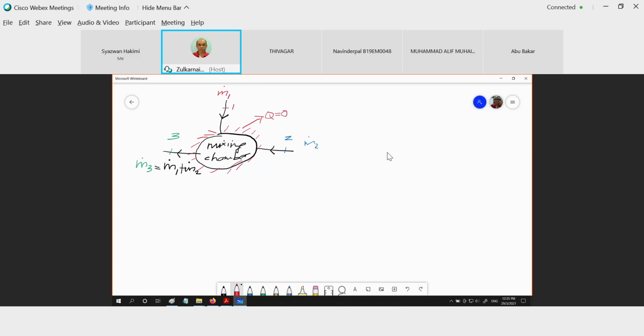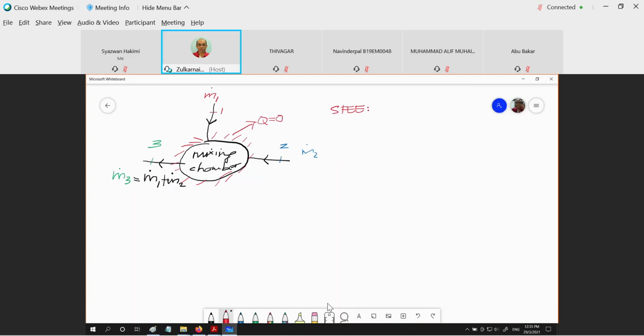Right? So as far as the energy balance is concerned, we could write it through the steady flow energy equation. And what is that? The energy in is equal to the energy out.